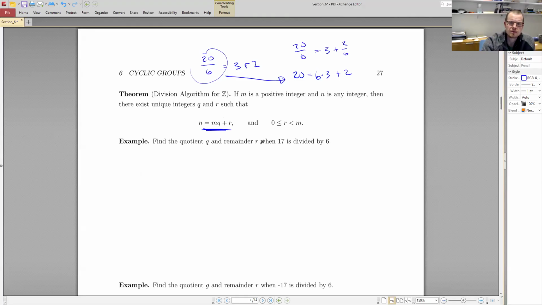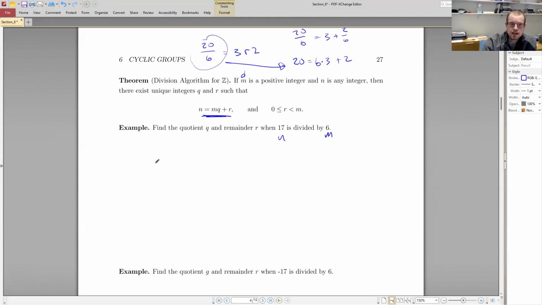Okay, so this would essentially be taking a value for n and a value for m. I said that backwards. N is the thing that we are dividing. M is what we are dividing by. In other textbooks, they use D for the thing that we're dividing by, the divisor.